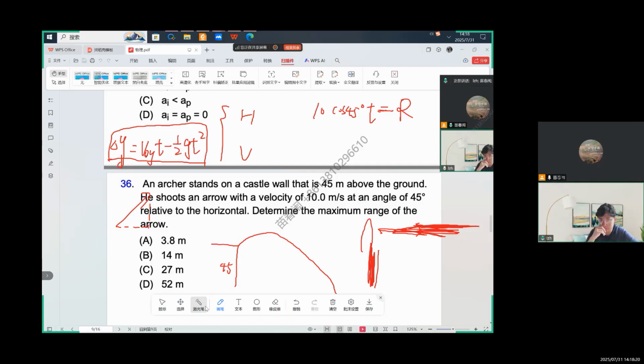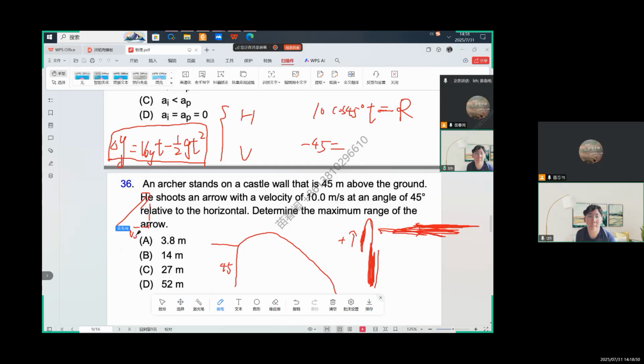What's delta y for this one? Negative 45, right? So going up is positive, and down is negative 45, so negative 45 equals v0y times t.